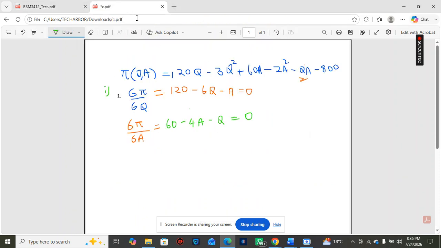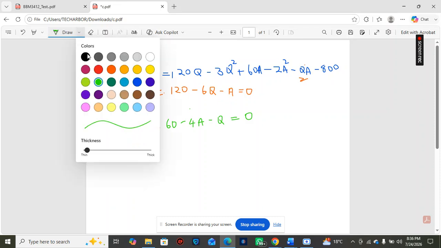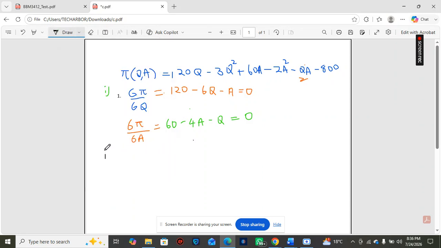All right, so colleagues, here they're asking us to find the values of Q and A. So here we need to use simultaneous equations. So this expression here, if we write it down, 120 minus 6Q minus A equals 0. So I want to form a system of simultaneous equations.